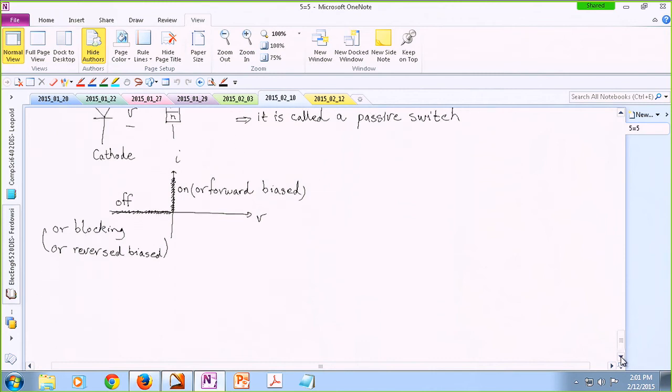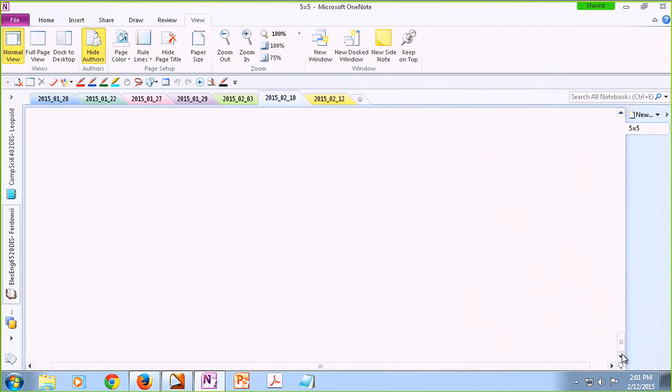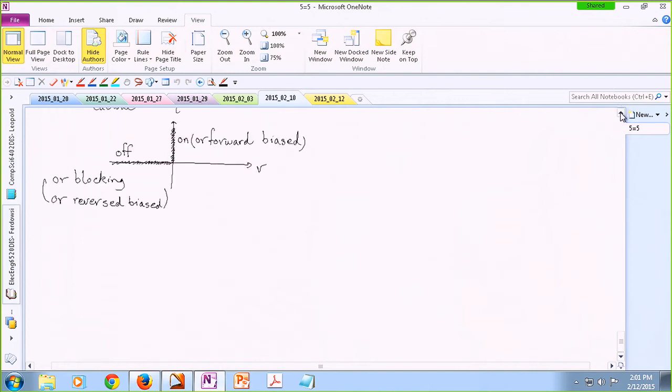Now, if you go ahead and go to the market and buy a diode, you are not going to get a volt-ampere characteristic like this. You are going to get something like this. So let me just write it down here: a real diode IV characteristic.